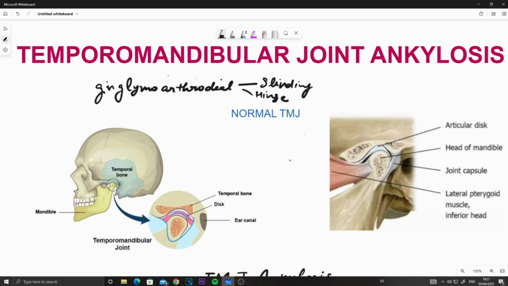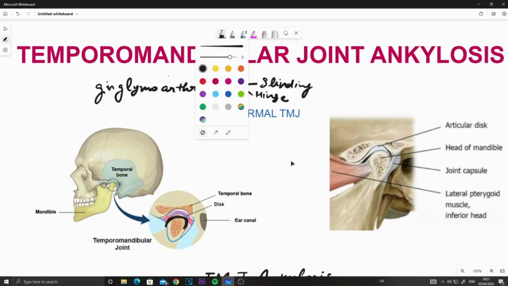Now this joint is formed by the articulation of the condyloid process of the mandible. Now this is the condyloid process of the mandible. Let's take some other color, deep green.